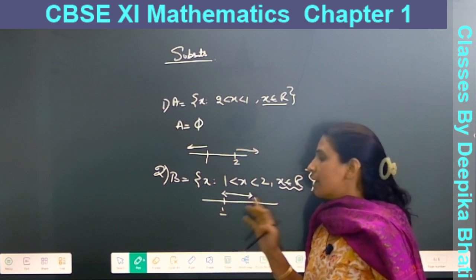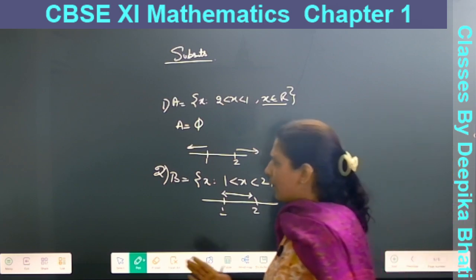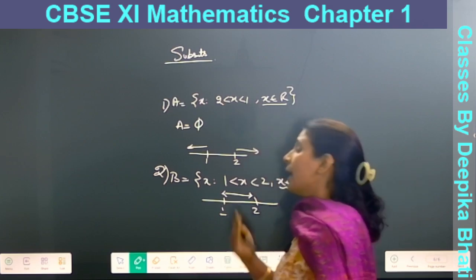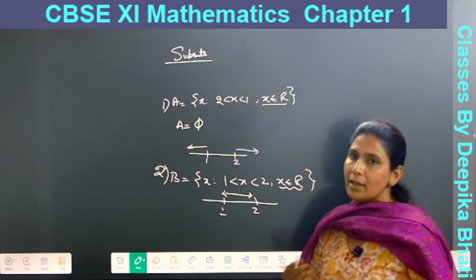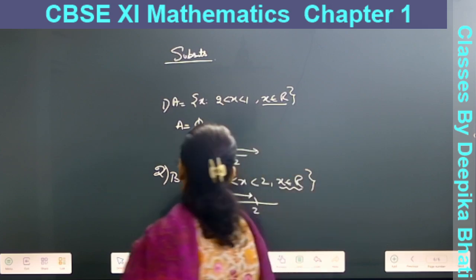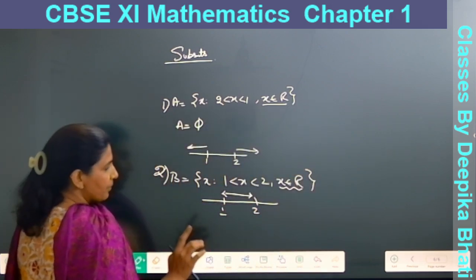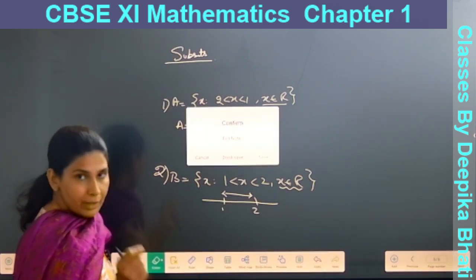You can't give a real number just after 1. You can say 1.0001 may be a number after 1, but I can give you 1.00001, and then 1. So we won't be able to get a number just after 1. That's why we come to the concept of intervals.